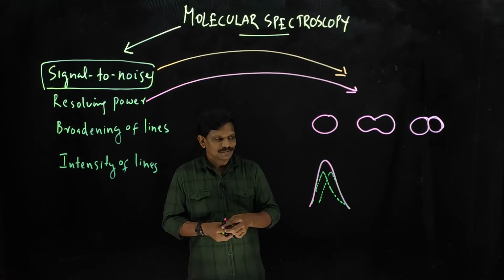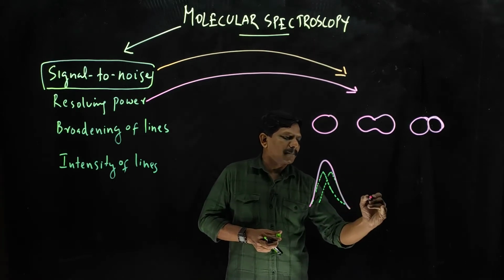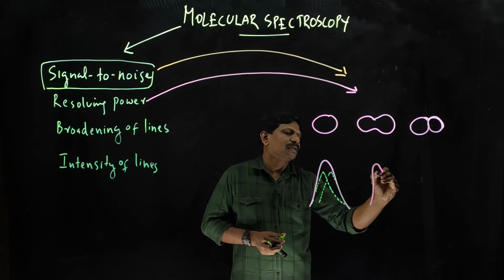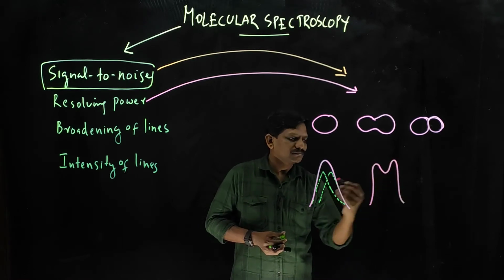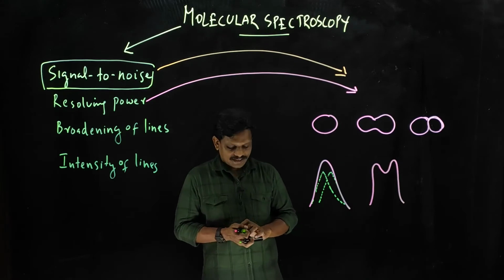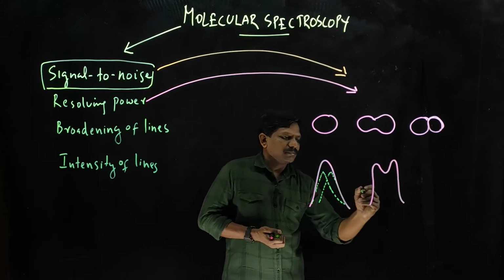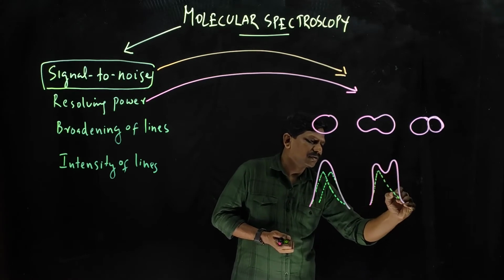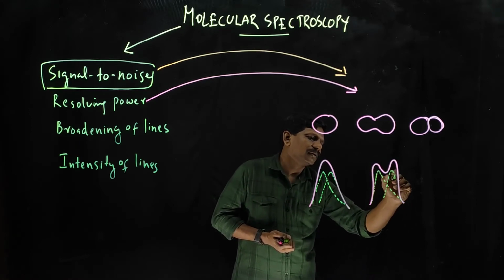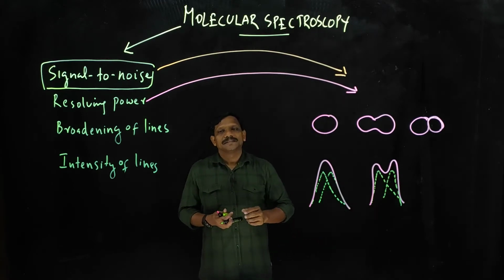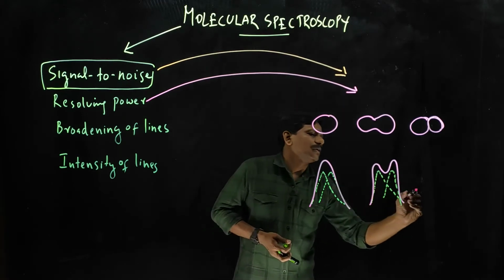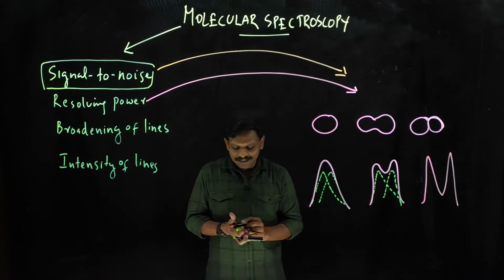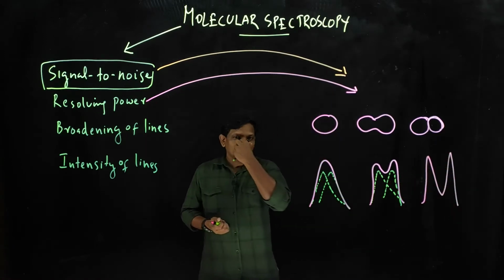Suppose you use an instrument with better resolution, sometimes you will get like this, sometimes like this. That means your spectrum is somewhat resolved. Finally, if you use a very good resolution, you will get two peaks.